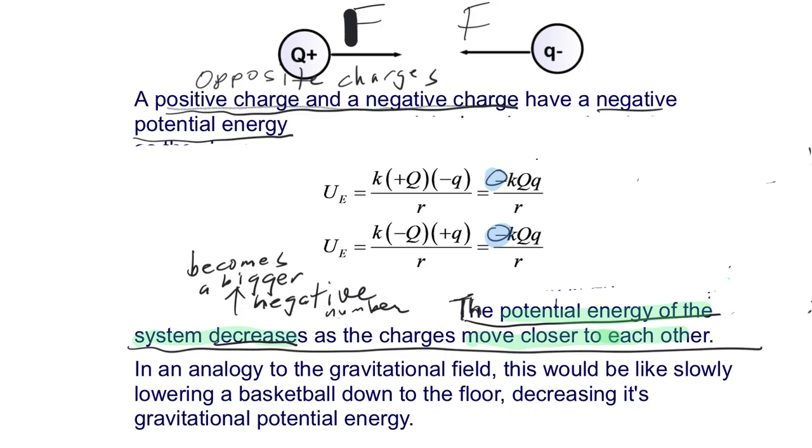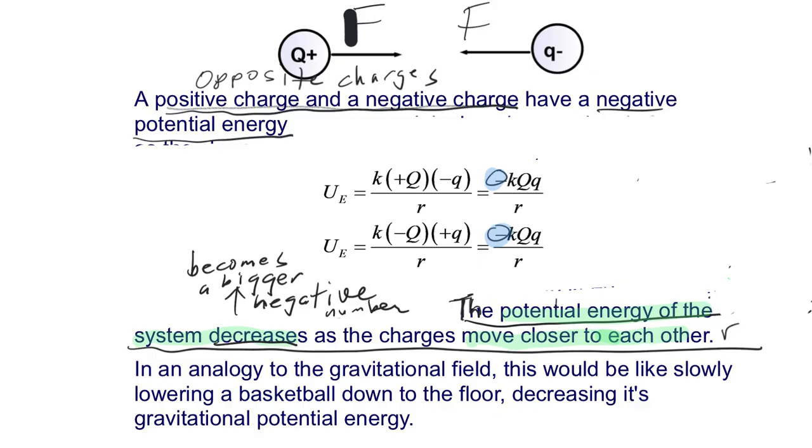Using that same equation, if you have unlike charges, the signs will be different, and so you'll get a negative electrical potential energy for the system. So this is when you have opposite charges. The potential energy of the system decreases as unlike charges move closer to each other.